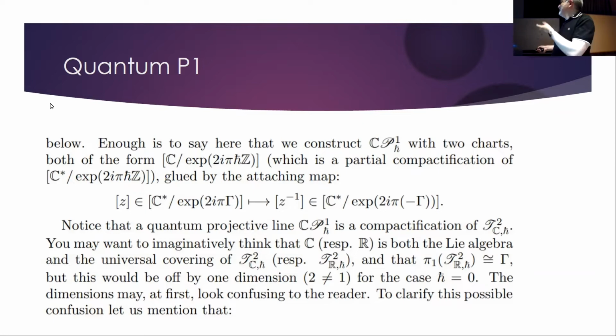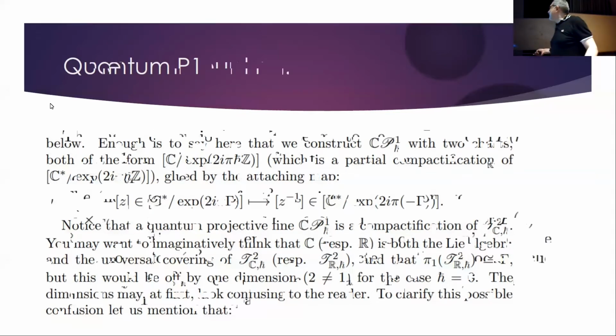And this is not literally correct, but you want to imaginatively think that pi 1 of this thing is gamma. But of course, it seems to have too much rank. So now that's where I clarify all this confusion with the 2, the 1, the rational, the stabilizer, and all this story.